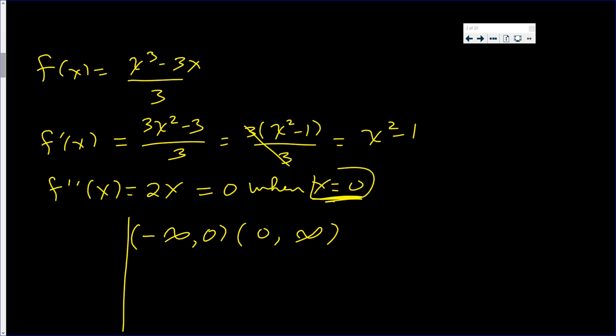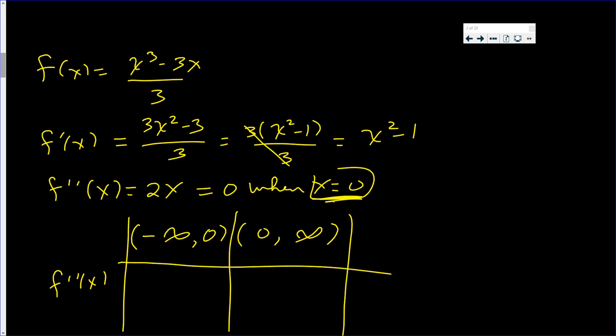And then we look at the plus minus sign of the second derivative. The second derivative is just a product of those two factors. 2 is always positive. X is only positive if x is positive. So it's negative here. So we get negative, positive.